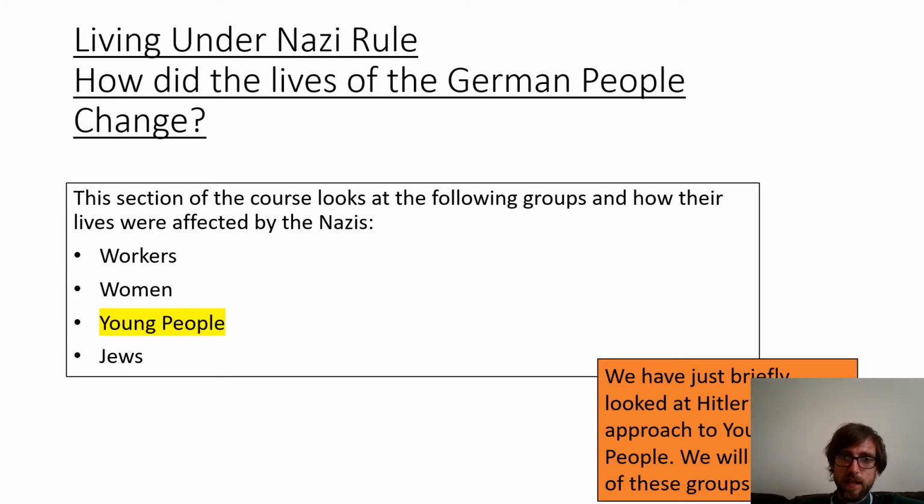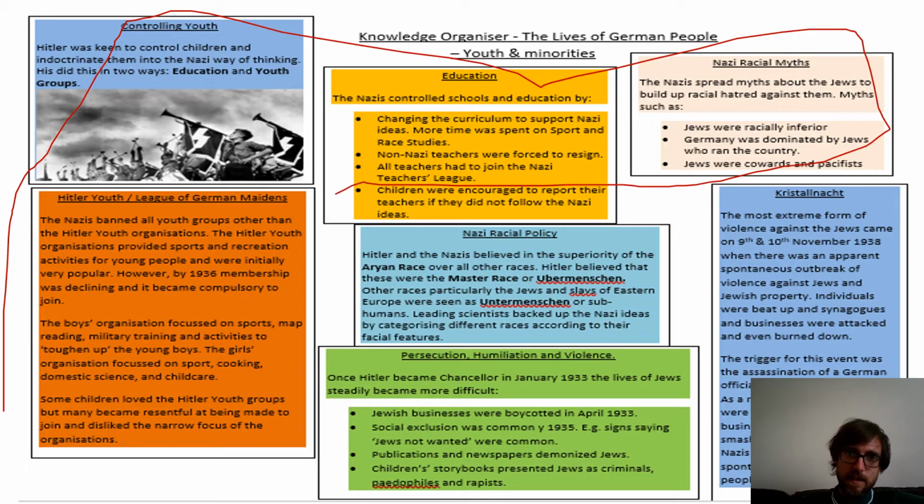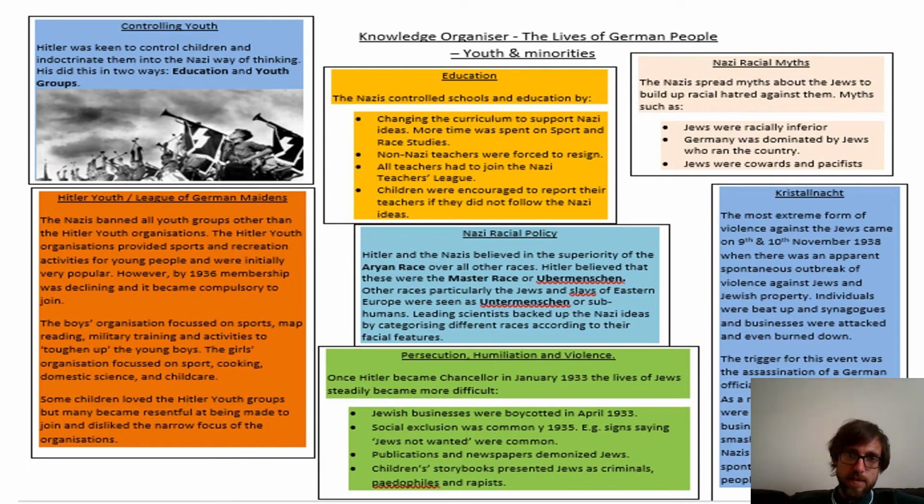So we're going to briefly have a look as well at the treatment of Jews next, I think. So we've got a knowledge organiser here. So on the kind of left hand side, well, it's kind of this area here. Oops, sorry, not that bit there. Let's do this again.